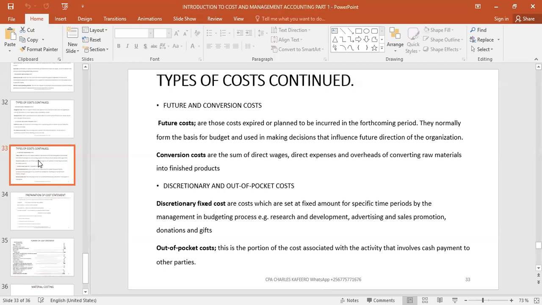They are like supporting costs in the conversion of those raw materials into finished goods. They include direct wages, direct expenses, and other overheads for converting raw materials into finished goods.